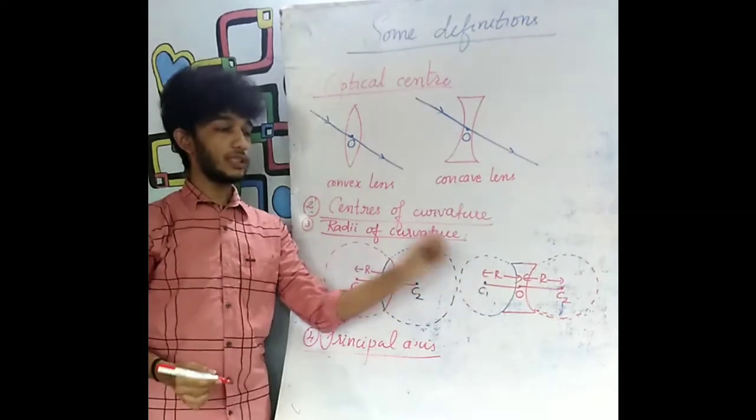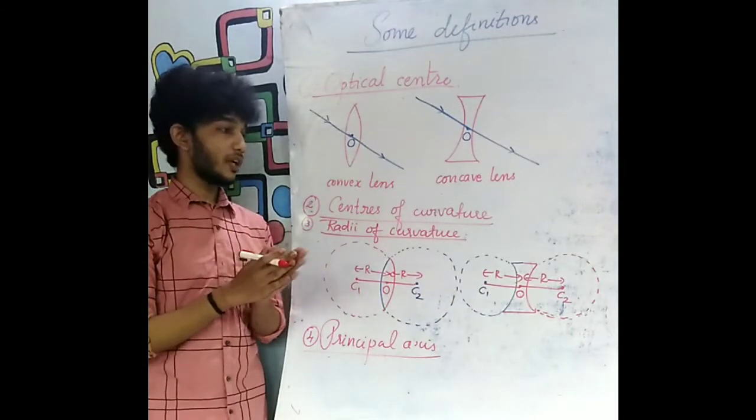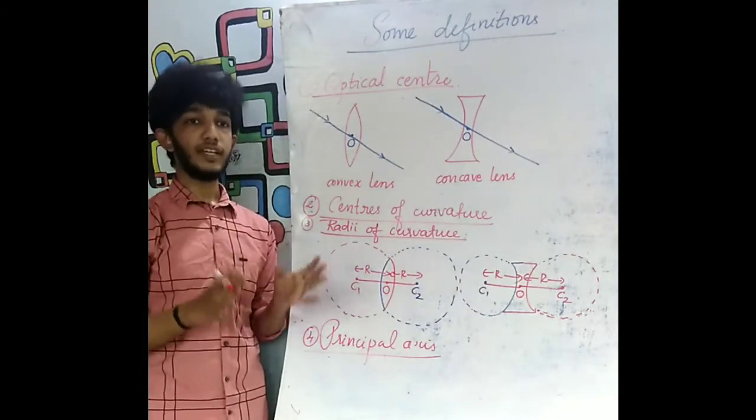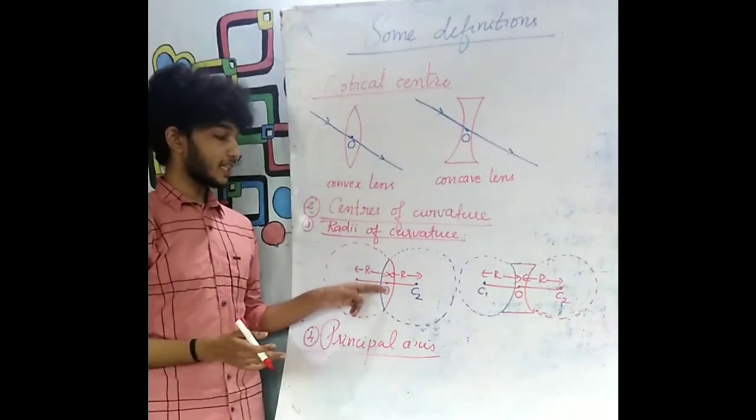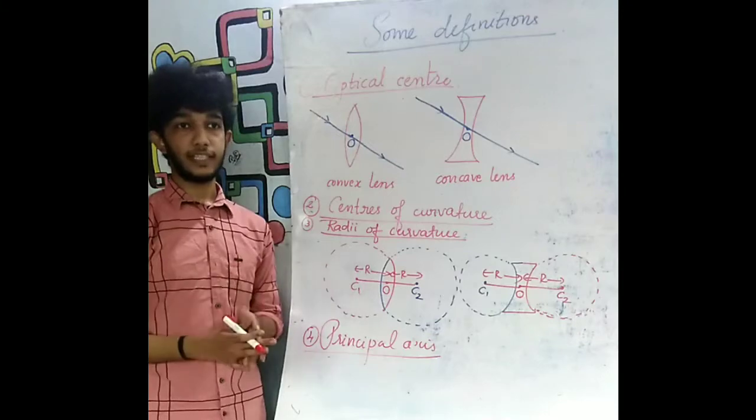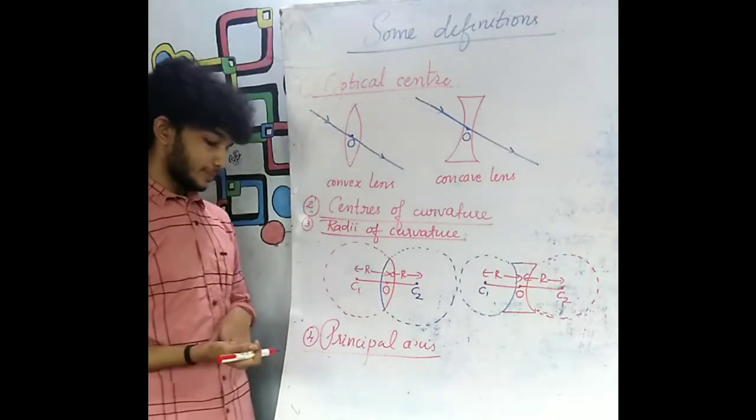Similarly, here also the straight line joining the centers of curvature of a lens is known as the principal axis, and this principal axis will also pass through the optical center.